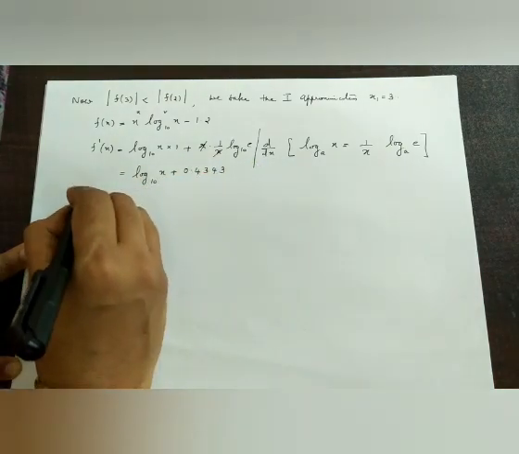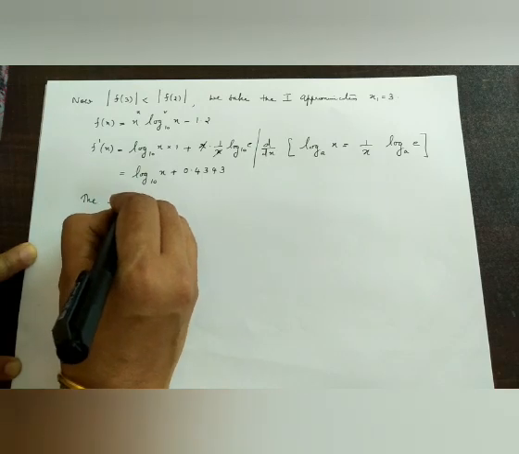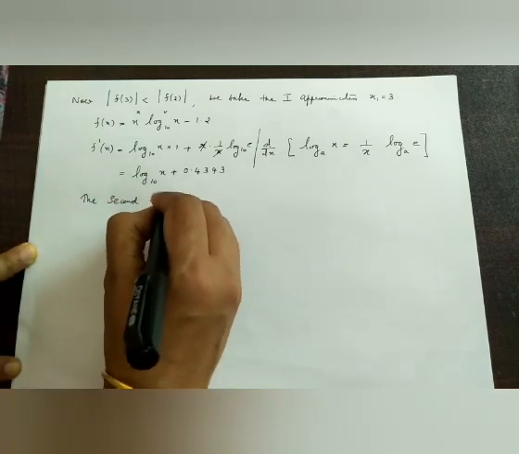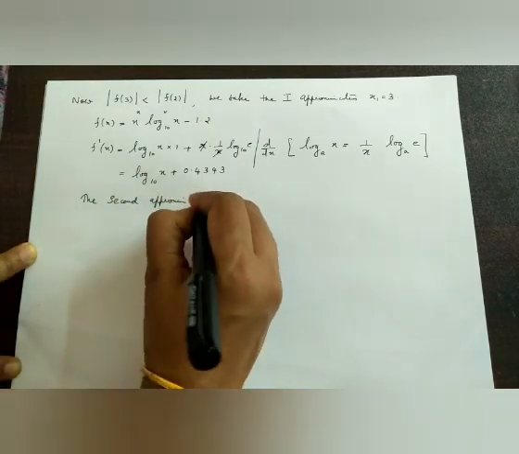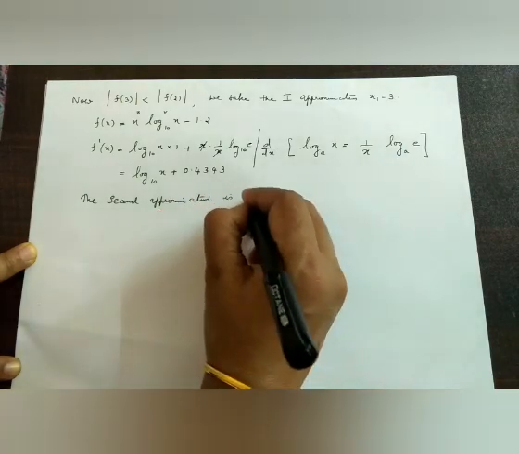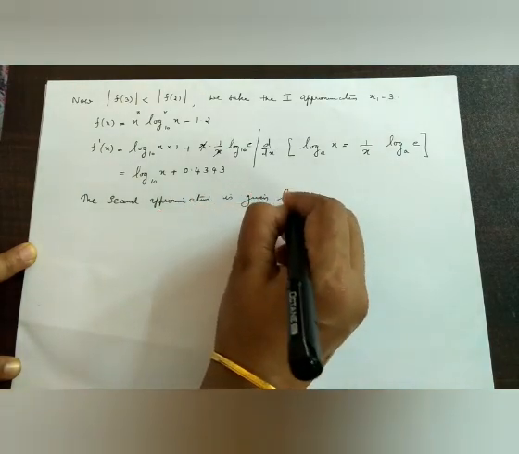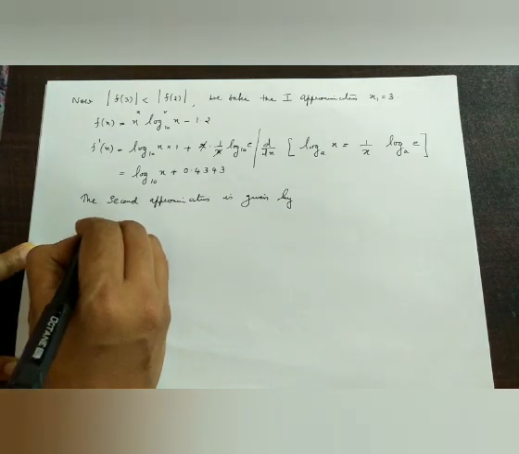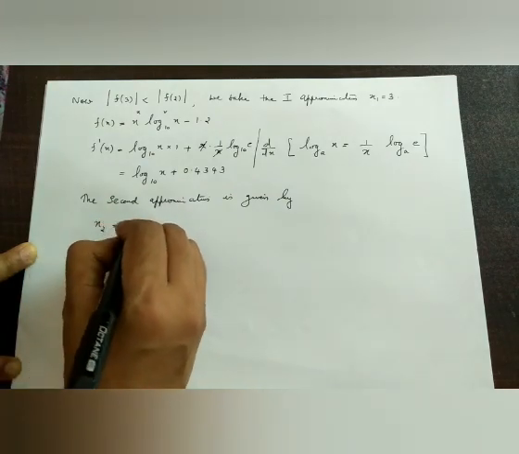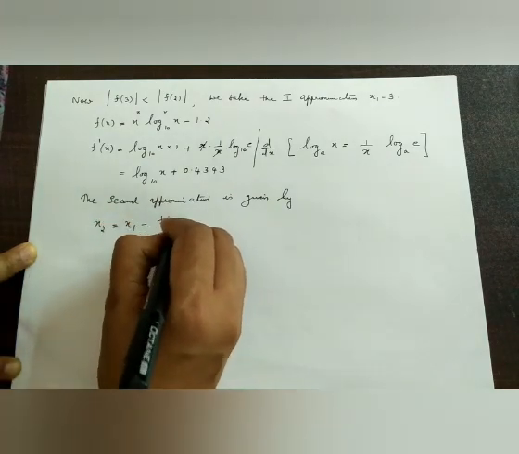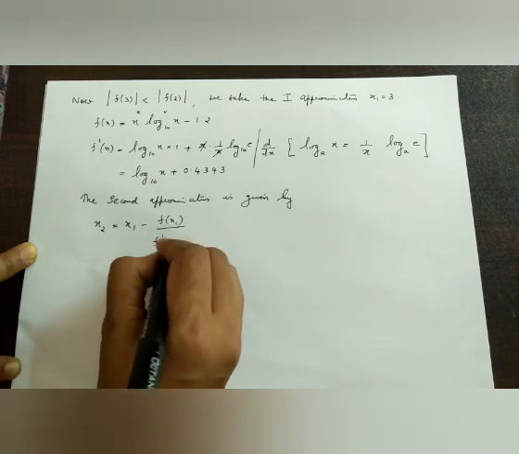Now the second approximation is given by using the Newton-Raphson formula. x2 is x1 minus f of x1 by f dash x1.